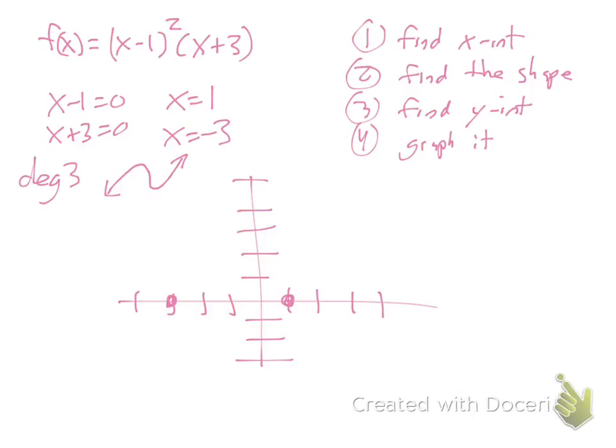So way down here on the bottom, I'll do the work. 0 minus 1 squared times 0 plus 3. That's negative 1 squared, which is 1. Times 3 is 3. So your y-intercept's at (0, 3). Has anybody got questions on that? We found the y-intercept by plugging in 0.